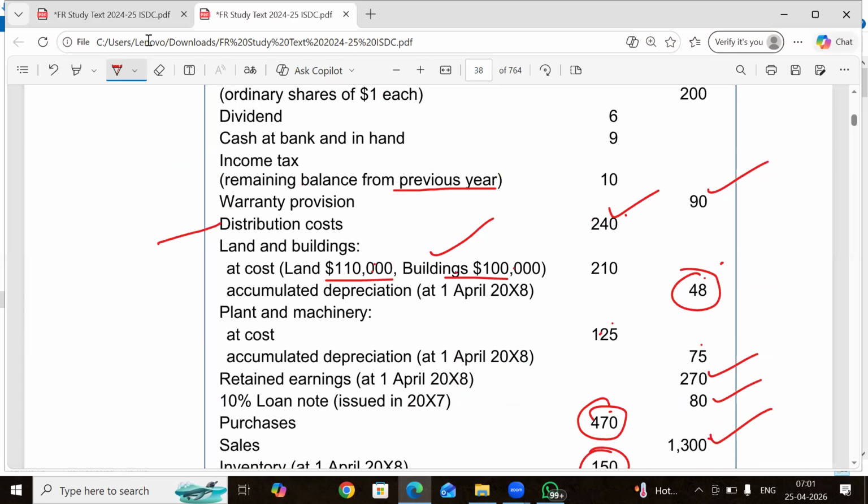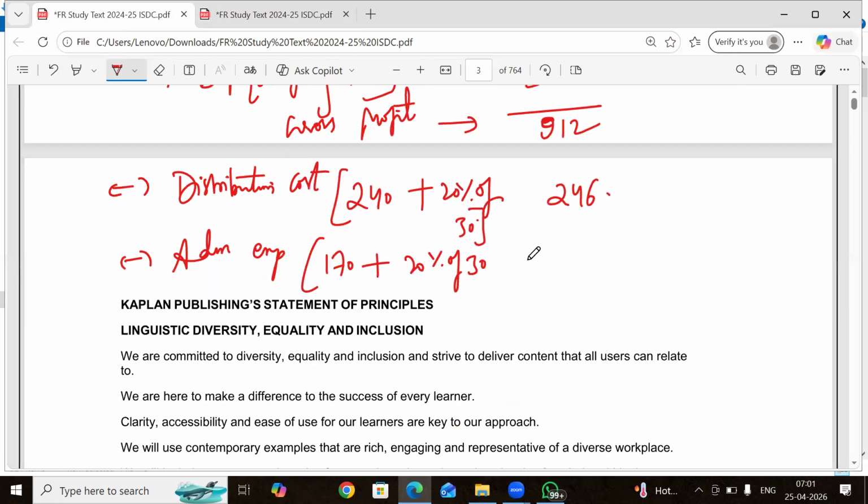So we'll remove warranty expenses, minus 15. That is reduction in warranty provision. It reduces your expenses. So 20% of 30 is 6, 176 minus 15.